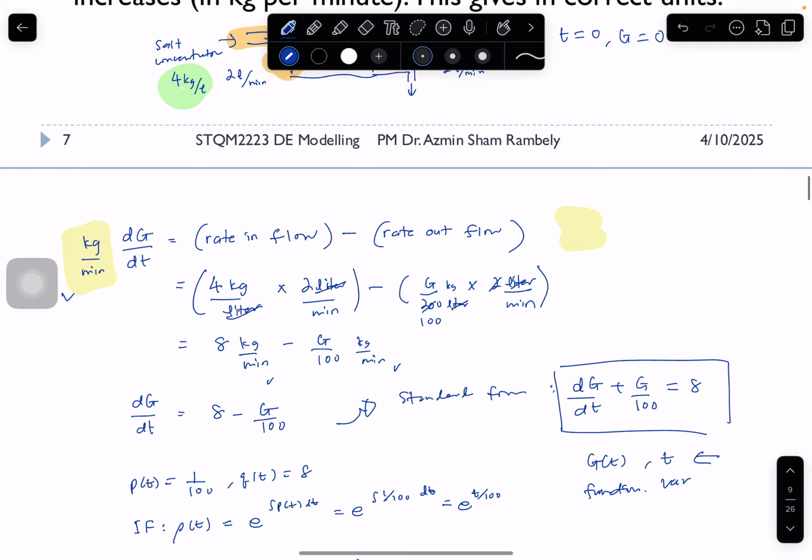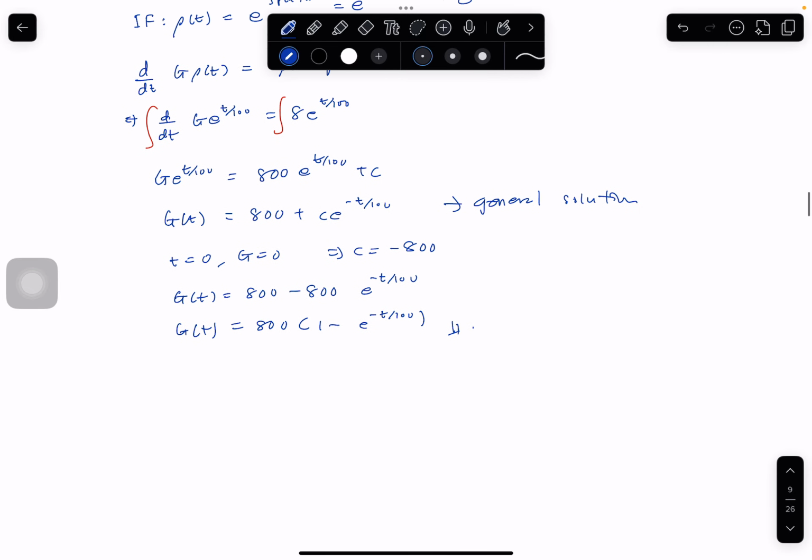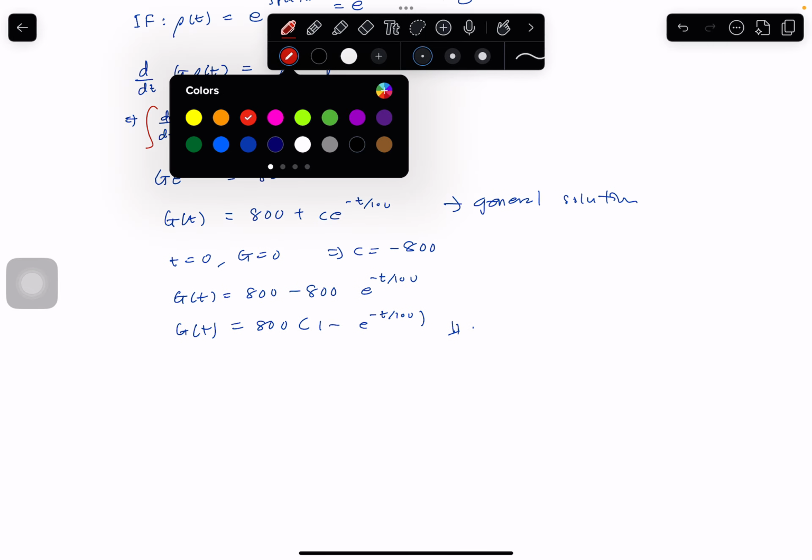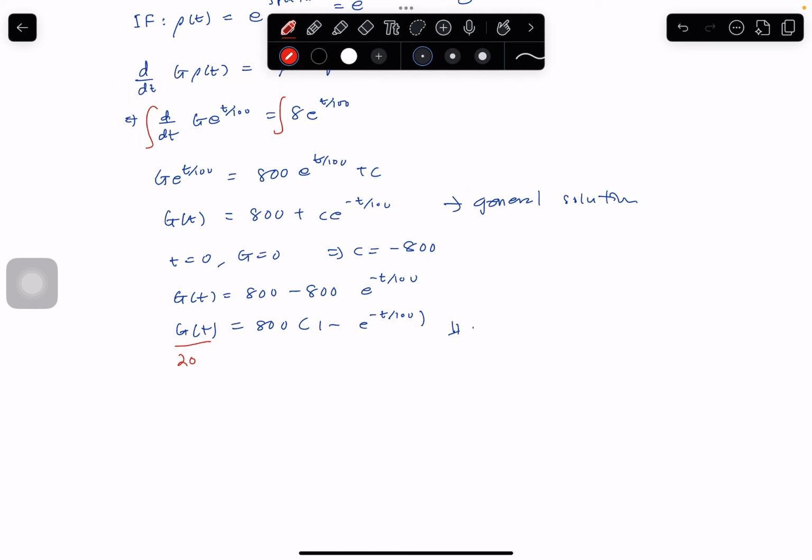So we have G at any time t, G over 200, so we divide by 200 as well.